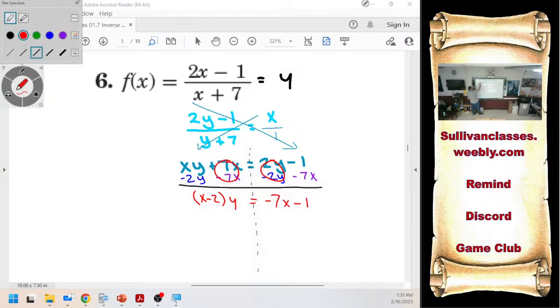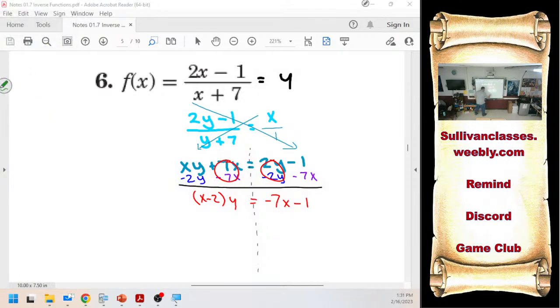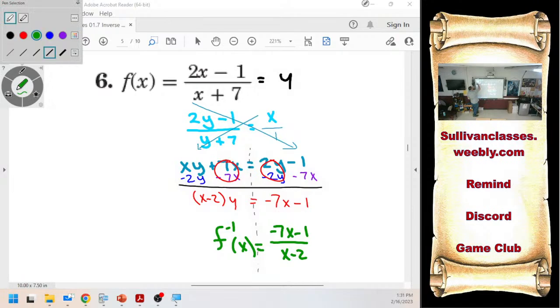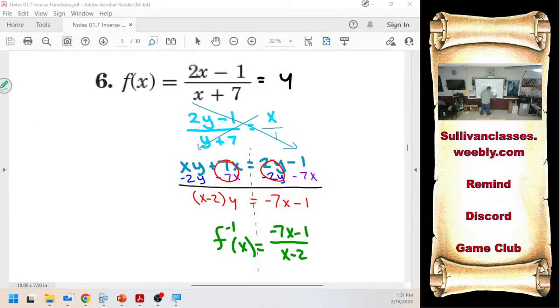Divide by x minus 2, and you're there. The inverse function of x is negative 7x minus 1 over x minus 2. Or, if you multiply numerator and denominator by negative 1, you have instead 7x plus 1 over 2 minus x.